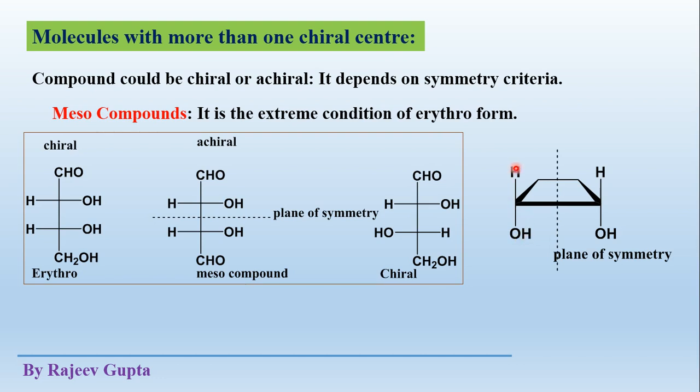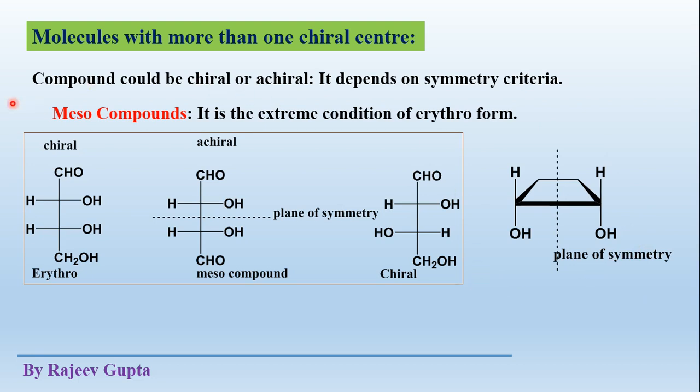Suppose this OH group comes here and hydrogen comes here, then this becomes a trans isomer. Again that trans isomer will contain two chiral centers, but the plane of symmetry will be lost in the trans isomer of this 1,2-dihydroxy cyclobutane. Then the trans isomer of this compound will be chiral or optically active.